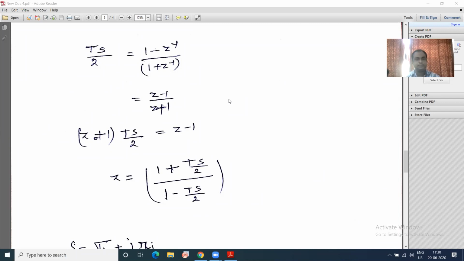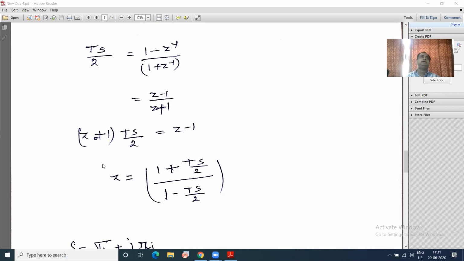Now we looked into the feature that for a digital to analog transformation, or Z to S transformation, or S to Z transformation, if that is done by this equation, then it will be useful only if the left half plane poles are transformed into the Z domain such that they lie inside the unit circle. Then only is this transformation useful for us. Agreed?